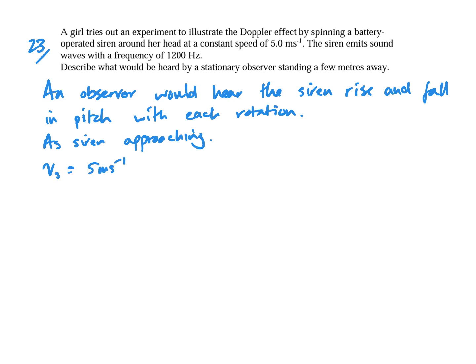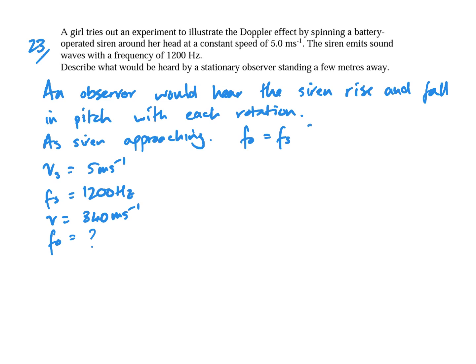In each case, the speed of the source, actually it's the same data listed in both cases. Frequency of the source is 1200 hertz, and the speed of the wave, 340 meters per second. And we'll be asked about the observed frequency, but the approaching bit is not in the data, it's in which equation we select.